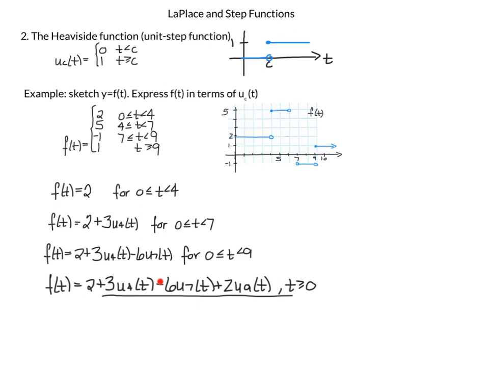Then when we hit 7, this becomes 1, this is still 0, so 1 times negative 6, we're going to subtract 6 from our 2 plus 3 times u 4, so we get down to negative 1. And then finally, when we hit 9, all of these functions are turned on, and we get 2 plus 3 minus 6 plus 2.